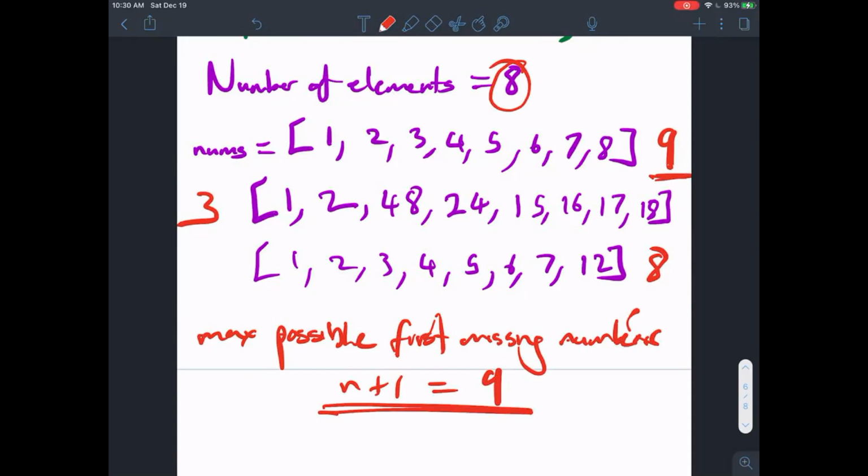So the number of elements governs how we can think of this problem and its solution. We can never have a maximum possible greater than 9. It can't be 10, because if you say it's 10, then where is 9? Or if you say you have 9 in your list, then another number should be missing, which should be the first missing positive integer.